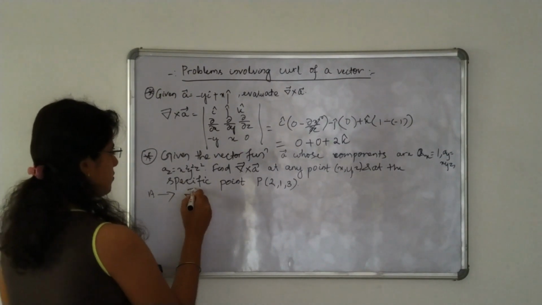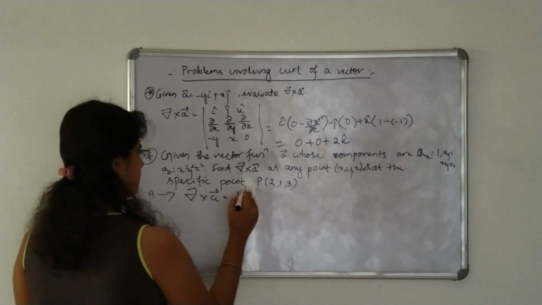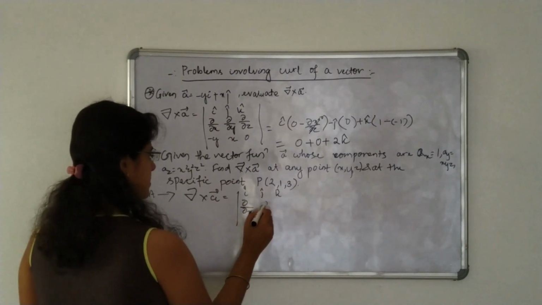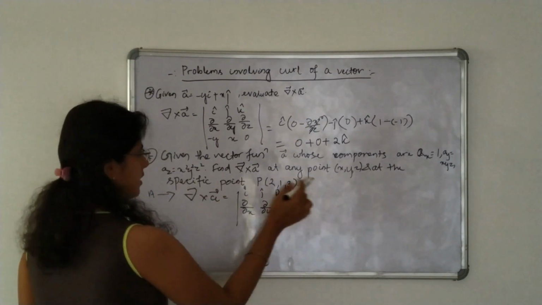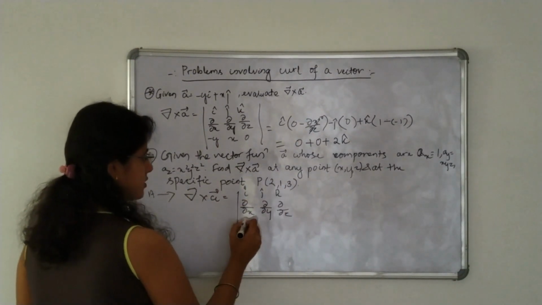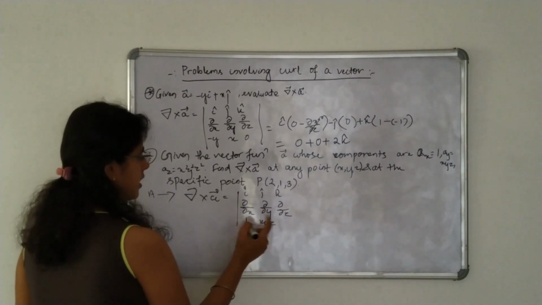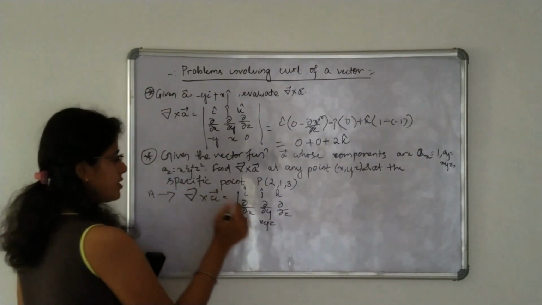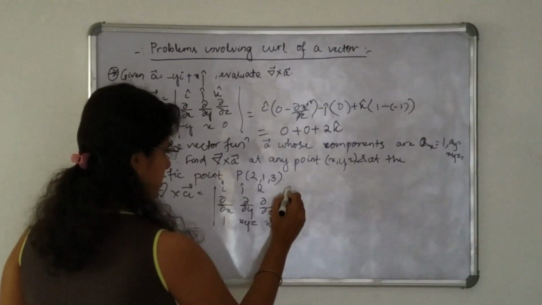So when we calculate curl of A, then del by del x, del by del y, del by del z, and the x component of A is 1, the y component of A is xyz, and the z component of A is x square y square z square.